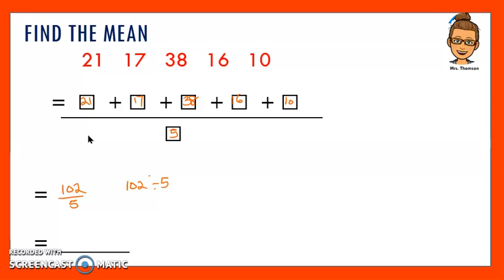I'm not going to do the division and all the rest of that because you are already in grade 6, so you know how to do all of that. 102 divided by 5 is going to give us 20.4. So the mean of all these 5 numbers is 20.4.